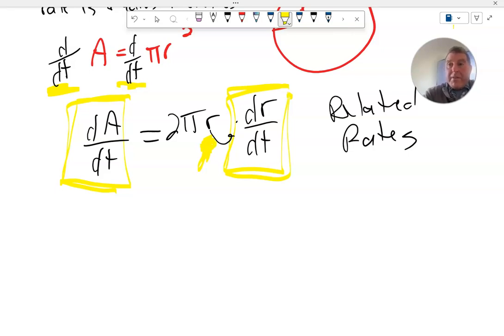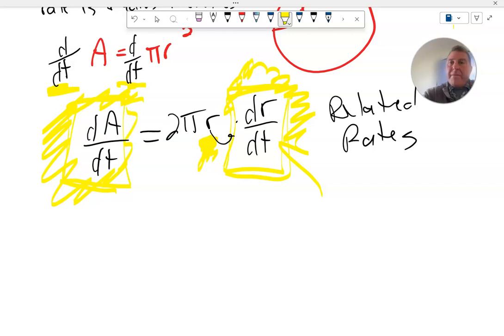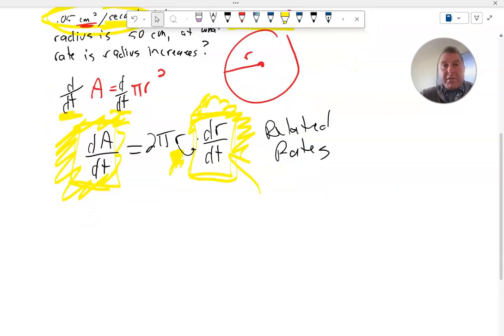Just like a derivative will have an x in it, which we can evaluate the slope of a curve, y, at any moment, r is a similar thing. So r is a radius, dr dt is the rate of change of the radius, dA dt is the rate of change of the area. There's my related rates equation. Now all I have to do is plug numbers into the right place and solve the problem.